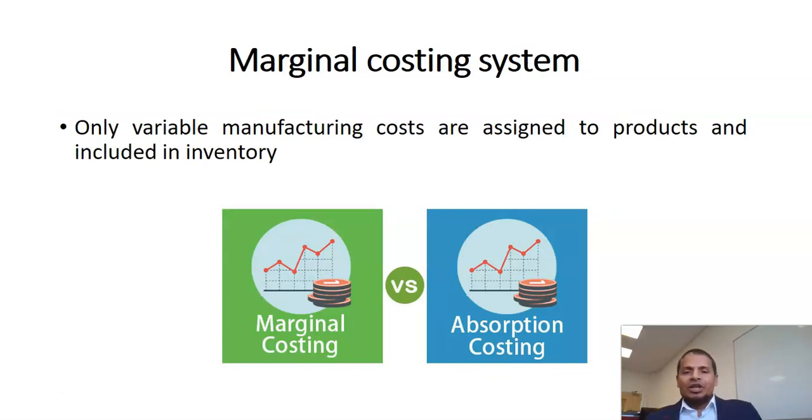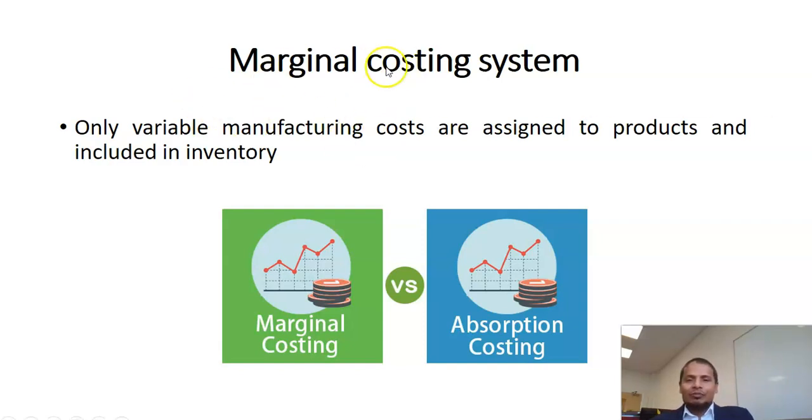Next one is marginal costing or variable costing. Variable costing or marginal costing includes only the variable cost of production in calculating product cost.